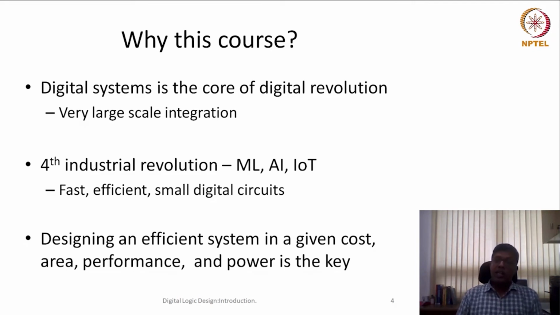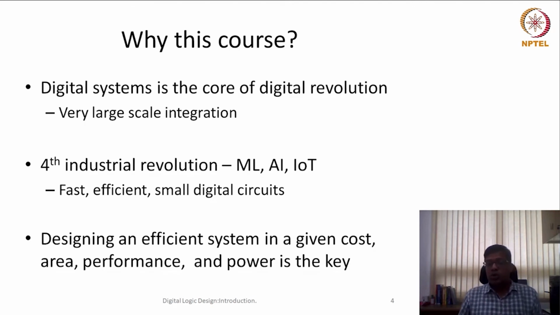On the other hand, the other part of this fourth industrial revolution is Internet of Things, IoT. IoT requires all the computation nodes to be as small as possible, as low power consuming as possible. So low power consumption and small area is another, conflicting requirement. At one end we would require very fast and efficient systems.